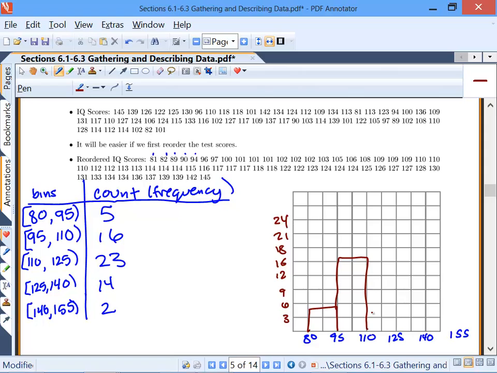Okay. 110 to 125 goes to 23. 125 to 140 has 14. And 140 to 155 has 2. And that is my histogram.